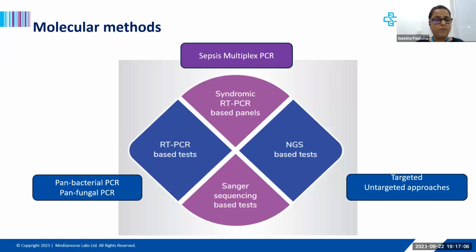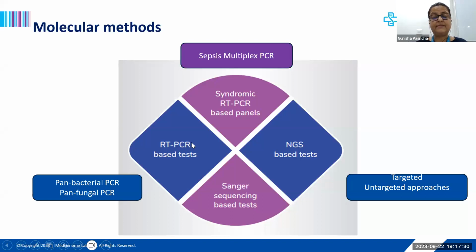Now, I'll jump over to the molecular methods, establishing that with low sensitivity, much more should be done for sepsis patients, and how these molecular methods could help. RT-PCR based methods are there. There are syndromic or multiplex RT-PCR based panels. I think Sanger sequencing does not help much.